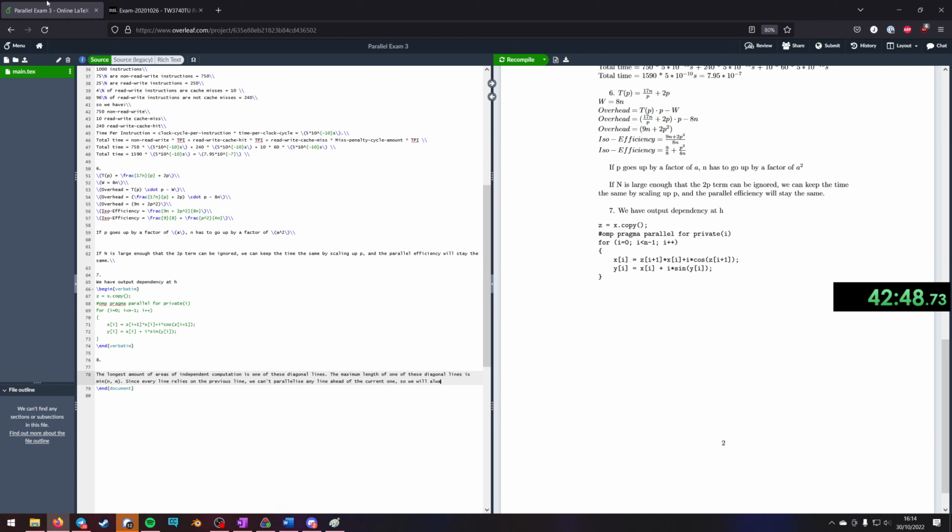So we will always only have at max n jobs, where n is the amount of areas of independent computation on one diagonal line, which we know is, oh, I used the wrong variable. We can't use n because it's already in use. It's x, which we know is min of n and m.